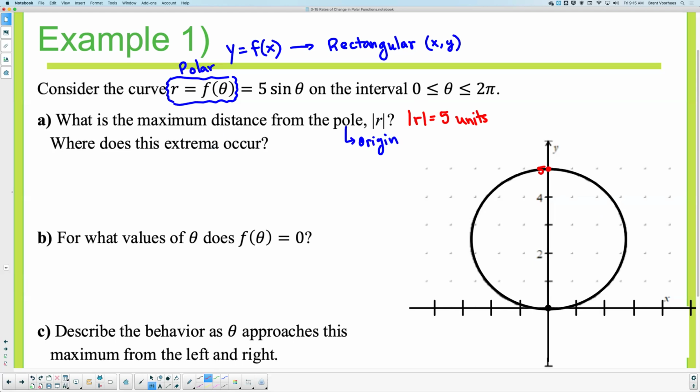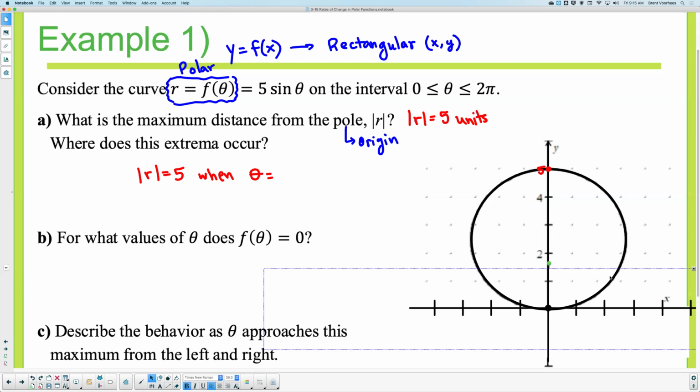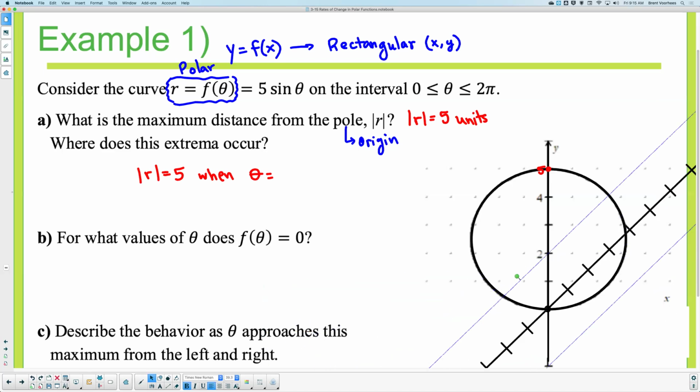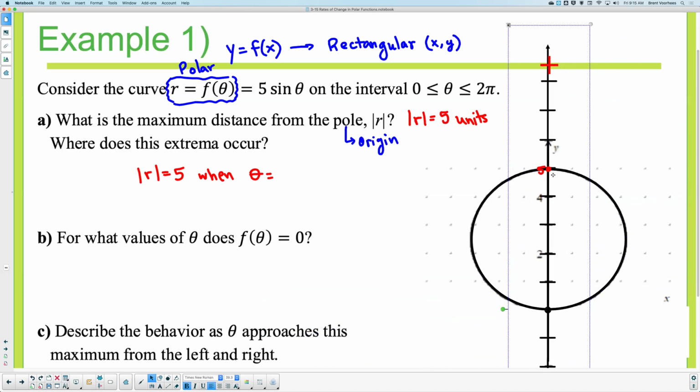And so when you write where does it occur, you'd say the absolute value of r equals 5 when theta equals, and now we have to figure out what that is. Y'all probably know by now, if we are straight up, I want you to think about the angle. What measure of theta would straight up be?